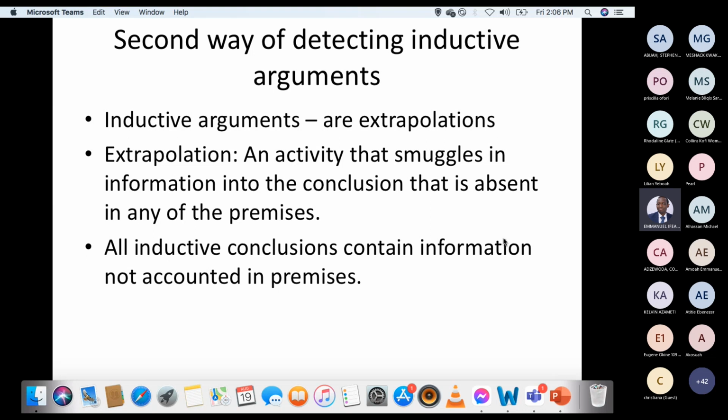And that means that the conclusion smuggles in some information that is not accounted for by the premises. So that's another way of knowing an inductive argument. That makes an inductive argument an extrapolation.